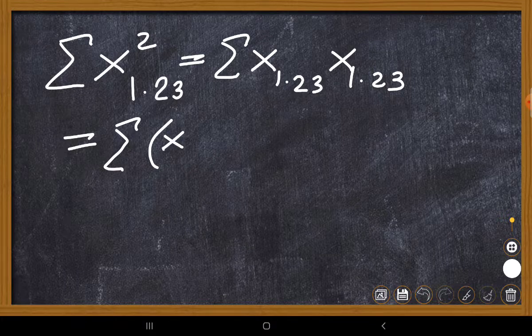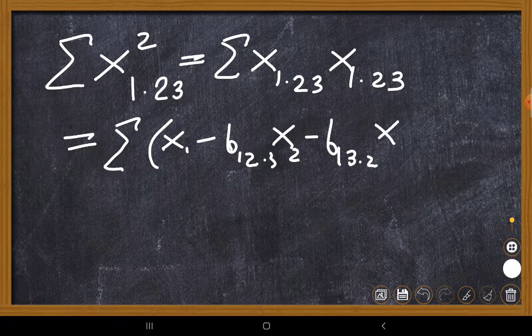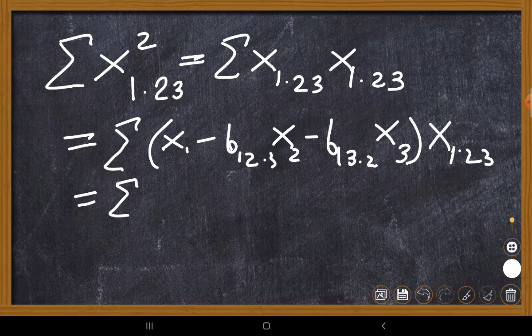This will be x1 minus b12.3x2 minus b13.2x3 into x1.23. So you multiply inside the bracket.